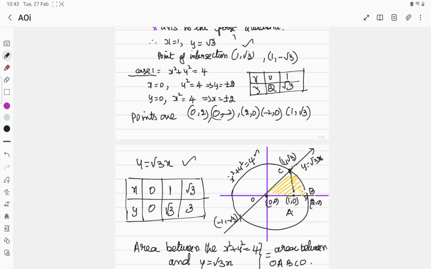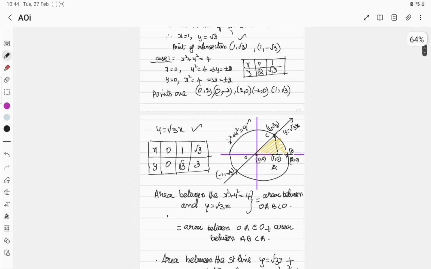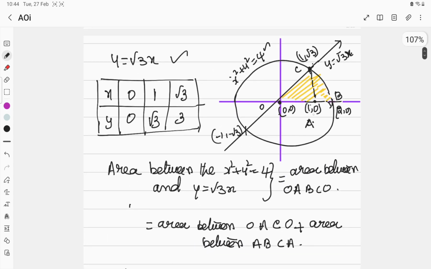So we want to get the required area in the shaded region. In the shaded region, what is the area required? OABCO, that is equal to area between OACO plus ABCA.